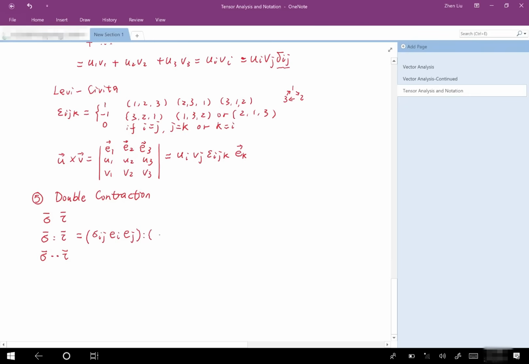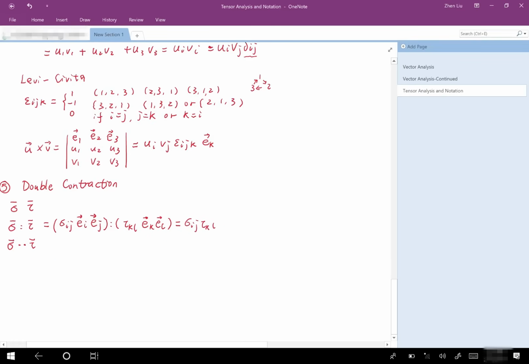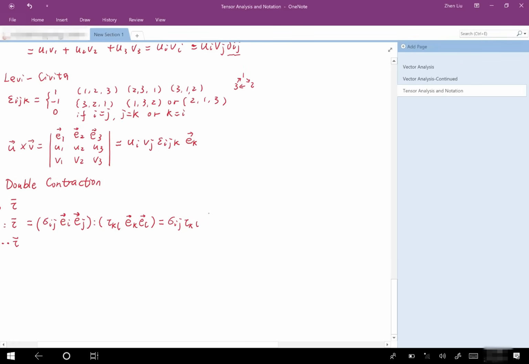So tau is tau_kl e_k e_l. So this will be equal to sigma_ij and tau_kl, because these are scalars, so we can move them around.